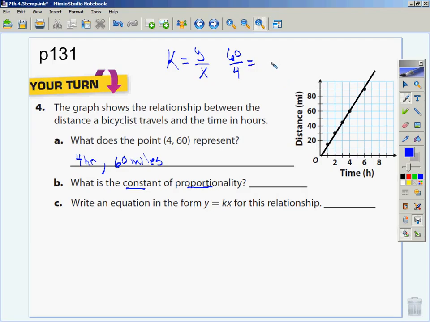Well, how many times does 4 go into 60? 15. So the constant of proportionality is 15. Same thing we did yesterday, right? And what's the equation going to be? Y equals 15x. Also the same thing we did yesterday. Okay? We should be able to write the equation, though, if we're given a graph. Everybody okay?